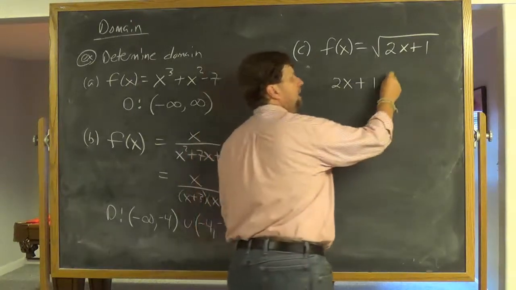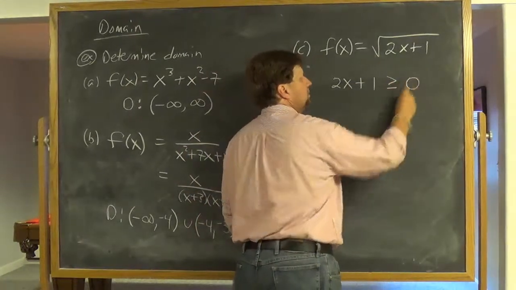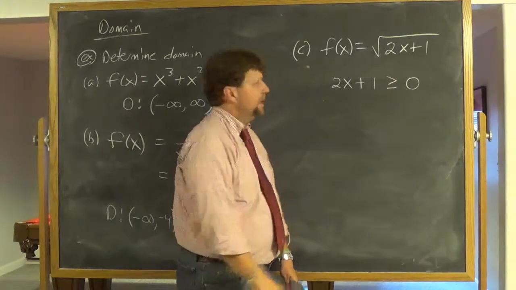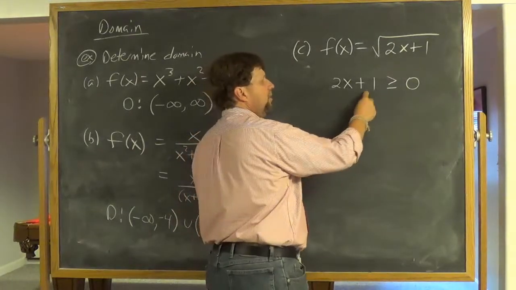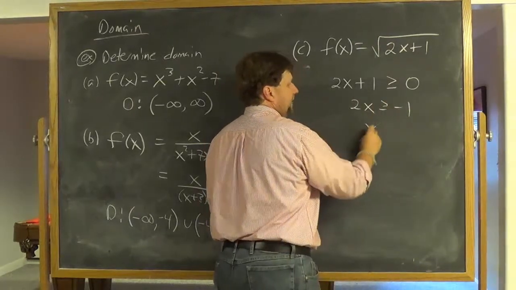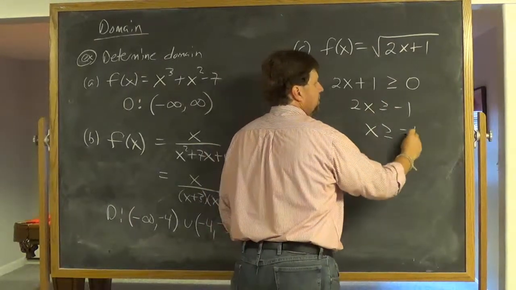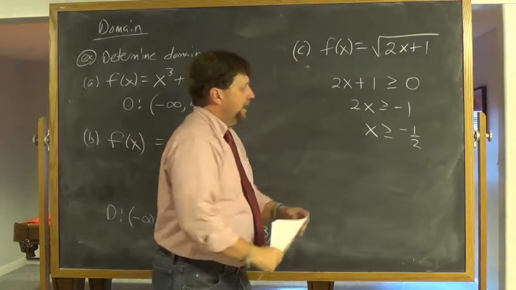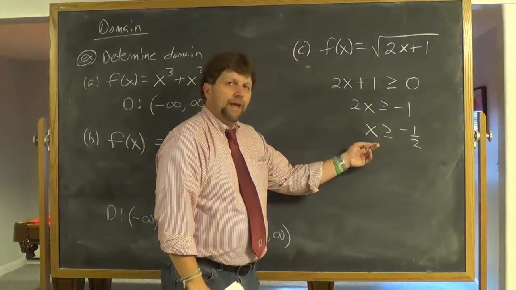I want it to be greater than or equal to 0. If I solve this little inequality, subtract 1 from both sides, and then divide both sides by 2, I have found my domain.